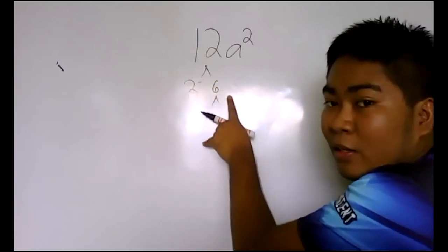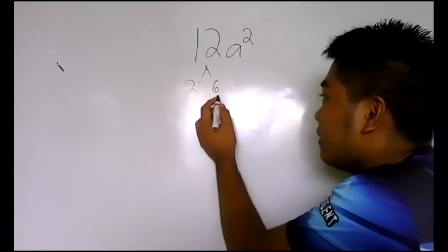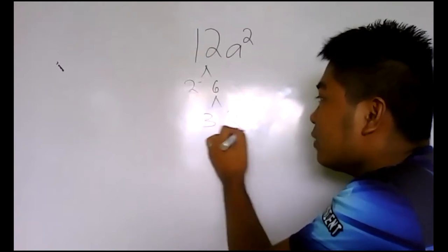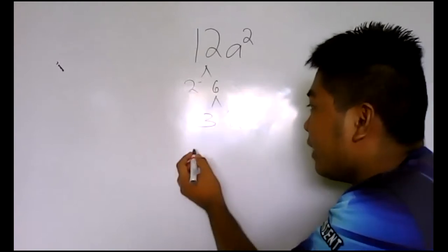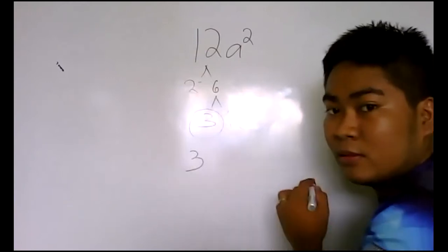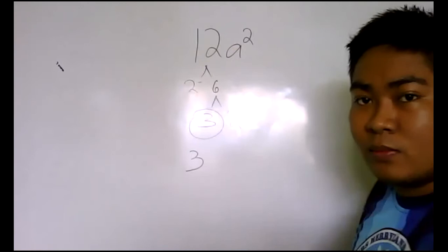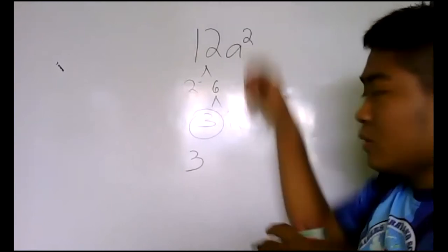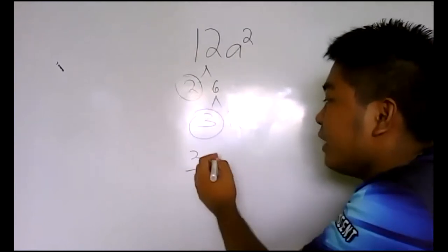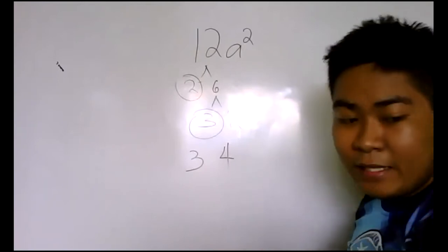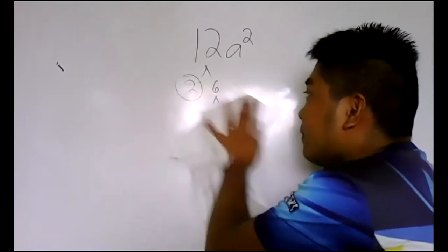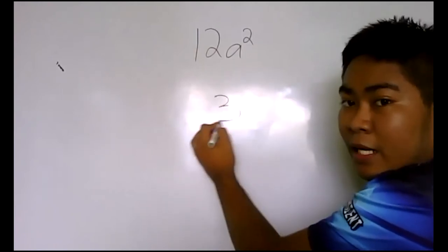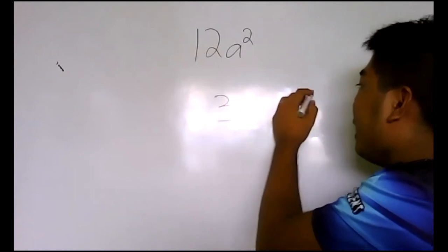Sa 6 naman, it is factorable by 3 and 2. Therefore, we can use 3 and 2 times 2, which is 4. So pwede natin gamitin yan. Pwede rin naman si 3 times 4 na kaagad. Therefore, magiging sagot natin dyan would be 3 and 4.